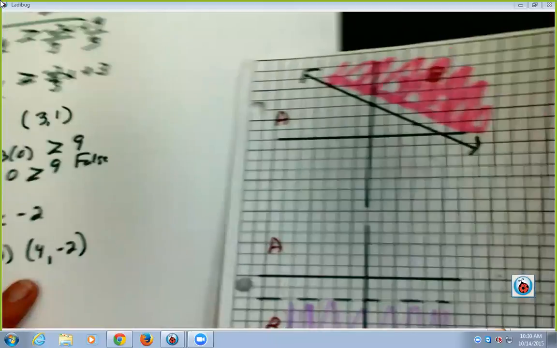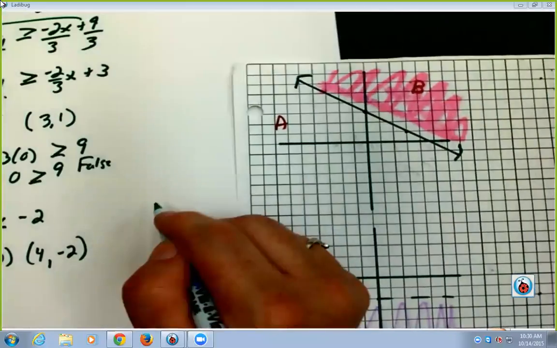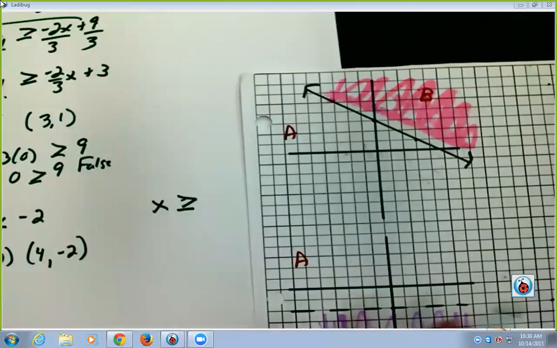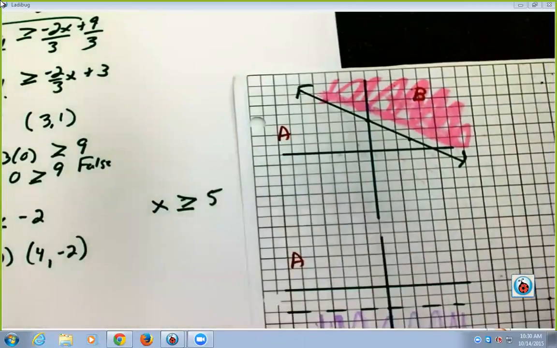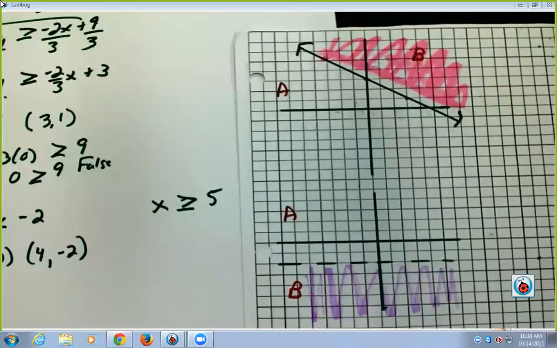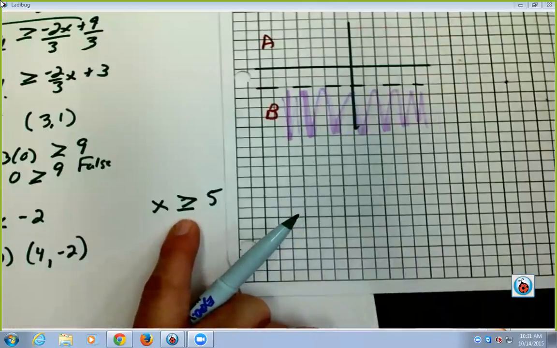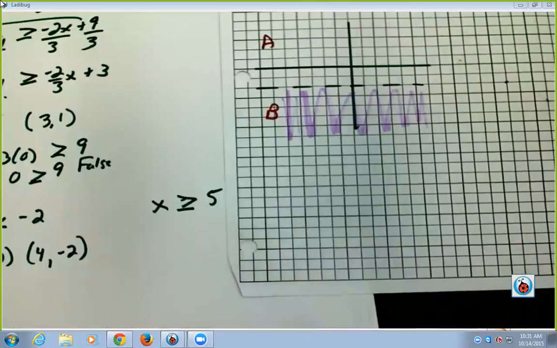And then the other special case was when you had x is greater than or equal to 5. So if I do this one, is my line solid or dashed? Solid, yep.